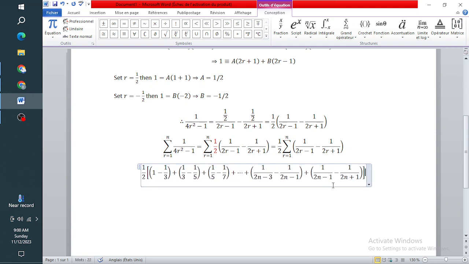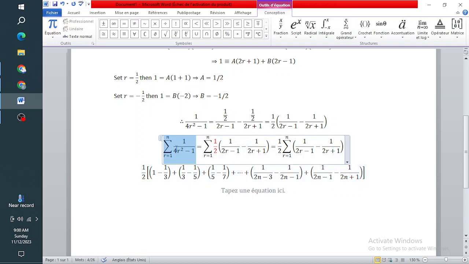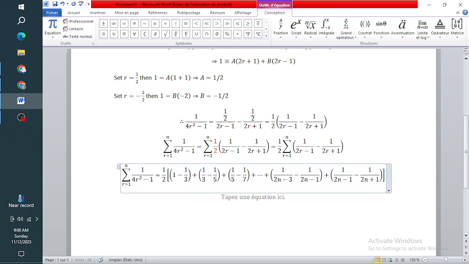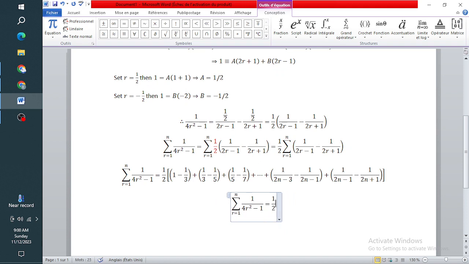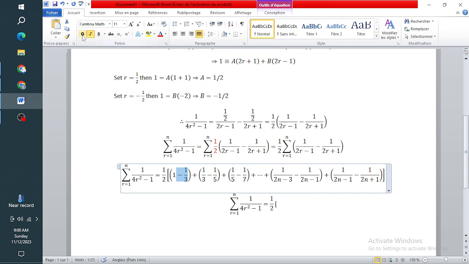Now if we sum this, you're going to see that this is a telescopic sum, and I'm going to show you why. So this sum is equal to, we have a half outside. Now you realize that negative 1/3 cancels with positive 1/3 when you add them together. Now negative 1/5 as well cancels with positive 1/5. Negative 1/7 cancels with a certain positive 1/7 inside these 3 dots.